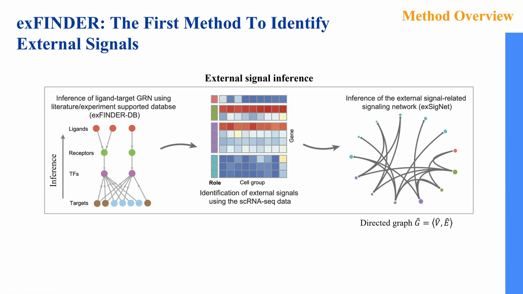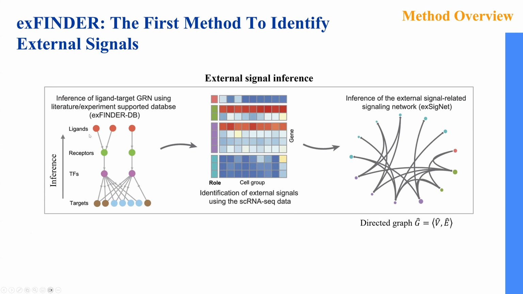Once we have this network, we can use the single cell data. Each gene is a dot. Each gene in one cell type will have an average expression level that we can calculate. Based on the average expression level, we can refine this network using the single cell data. For example, we want to find which targets are activated, and whether all these downstream genes are highly expressed.